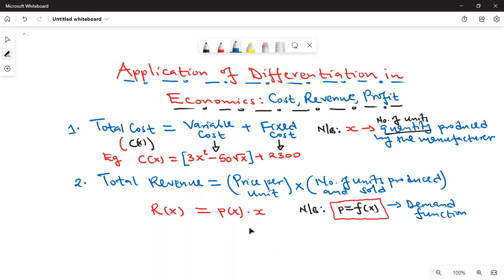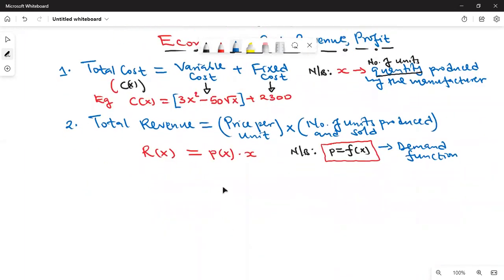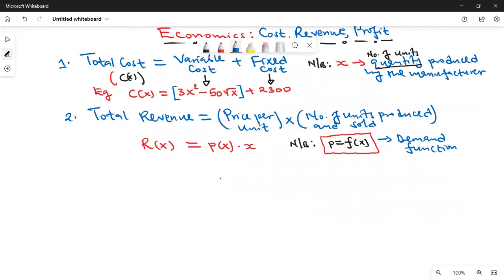We also have what we call profit. And what do you mean by profit? Number three, you write profit. Profit is given by total revenue minus total cost.